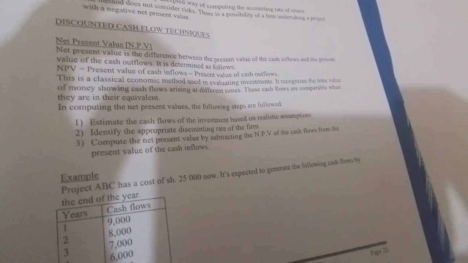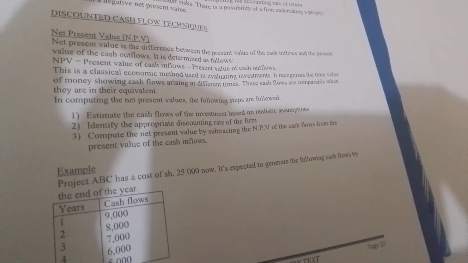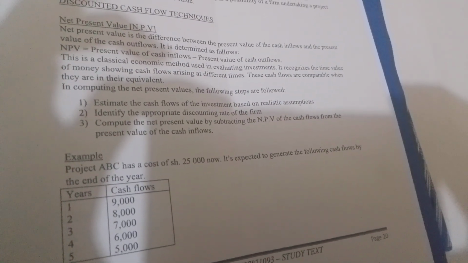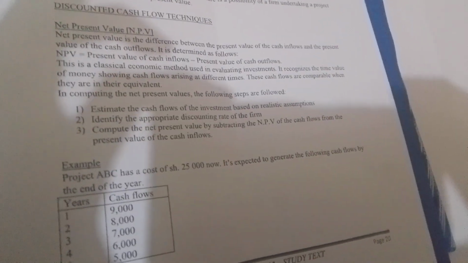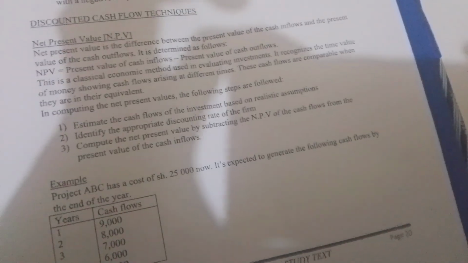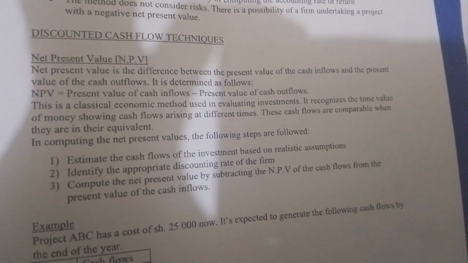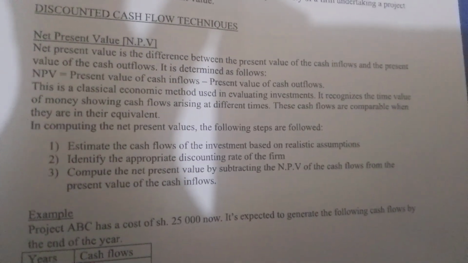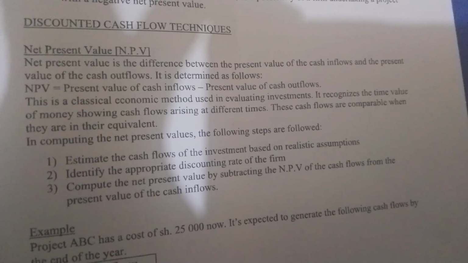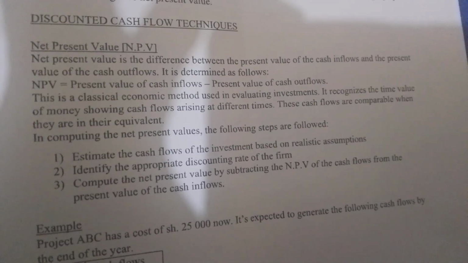Now, the net present value, as we have said, is one of the discounted cash flow techniques. We need first to know how to calculate the net present value, and then after that, how to make decisions based on the net present value calculated. With the net present value, you'll be given some future cash flows.